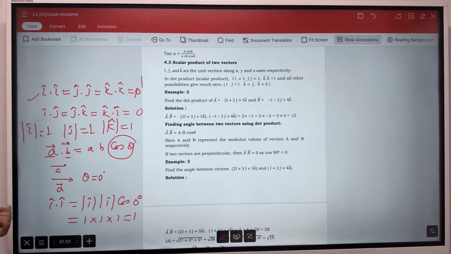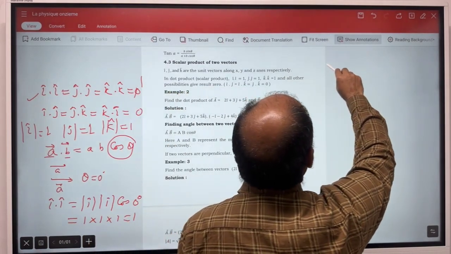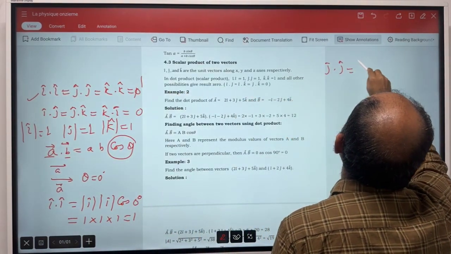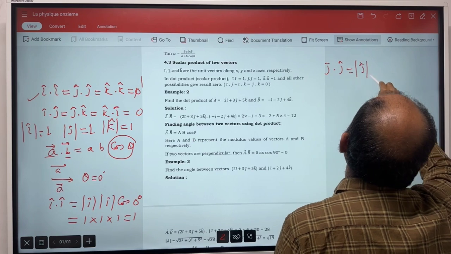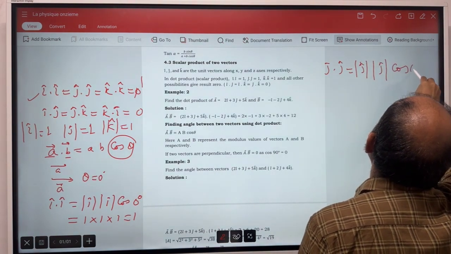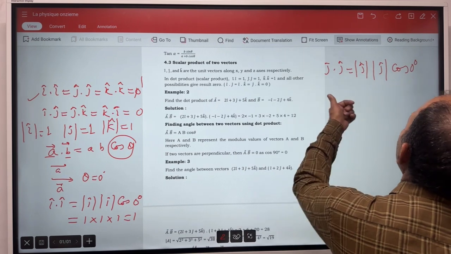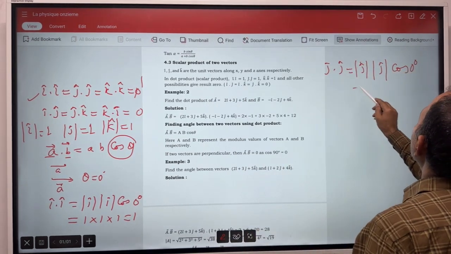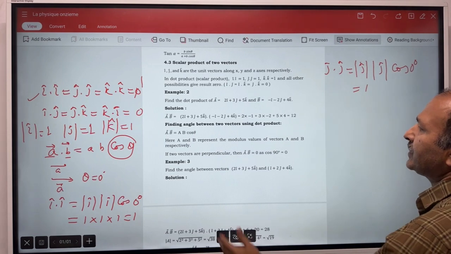This gives 1. So I dot I equal to 1. Similarly, if we take J dot J, it means modulus J times cos 0 degree, because angle between same vector will be 0 degree, and you know that this is 1, this is 1, this is 1, so this gives 1.